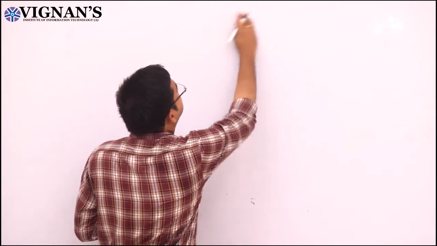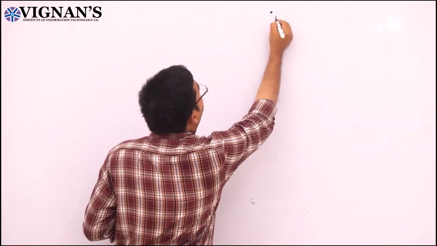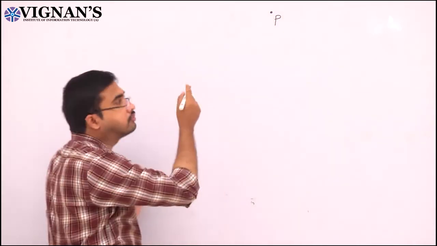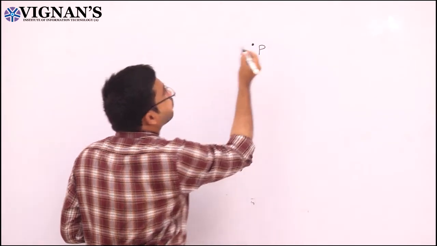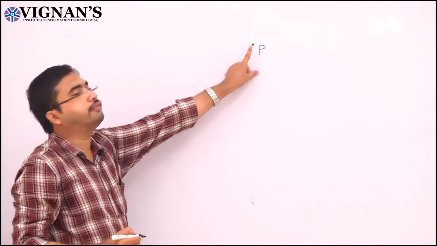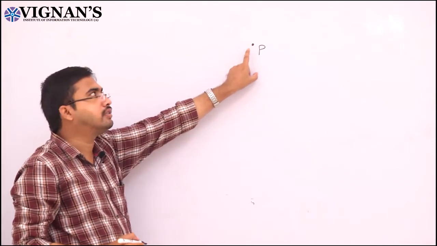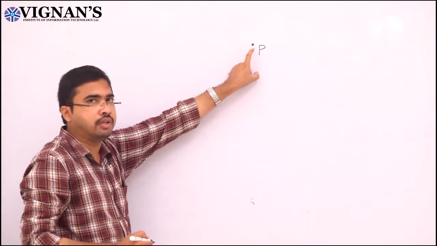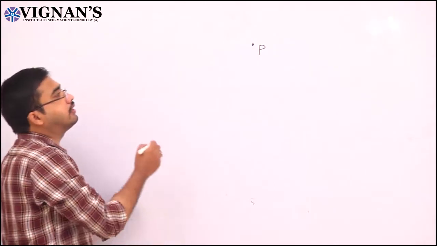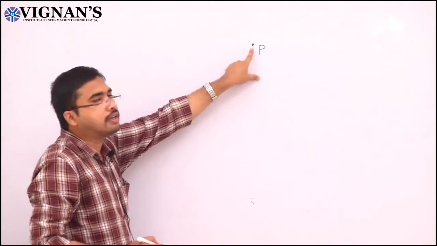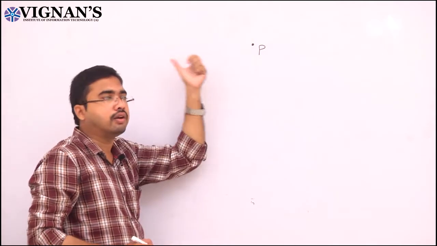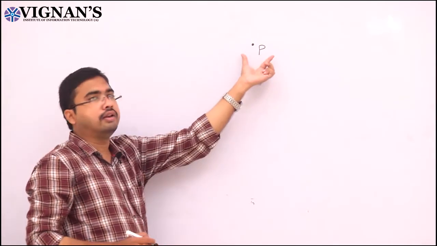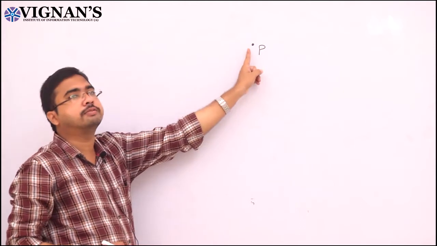Suppose we take a point P. Now I want to find the electric field intensity at this point P, which is in some space. That may be any coordinate system, either Cartesian, cylindrical or spherical. In one of the systems, this point P is present.